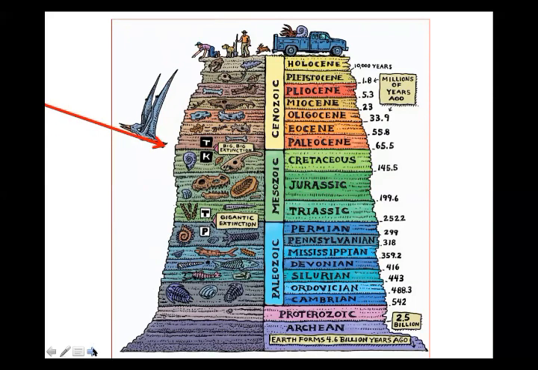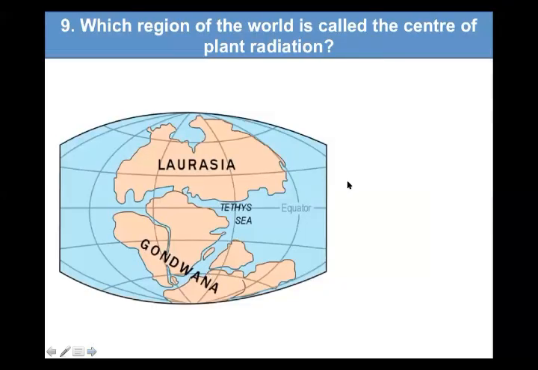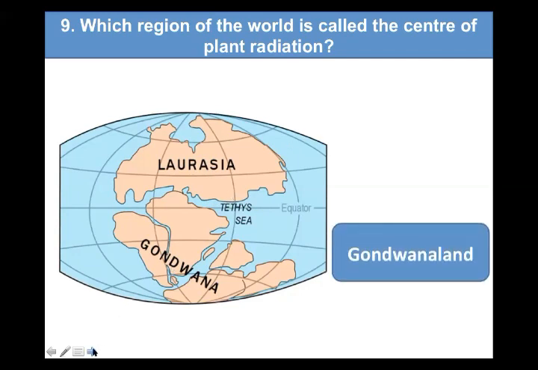Related to that, which region of the world is called the center of plant radiation? We know Pangaea split into Laurasia and Gondwana. When you talk about these two hemispheres, northern and southern, which region possesses the highest plant diversity as well as where the radiation occurred? Gondwanaland.